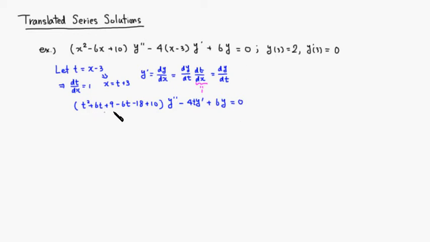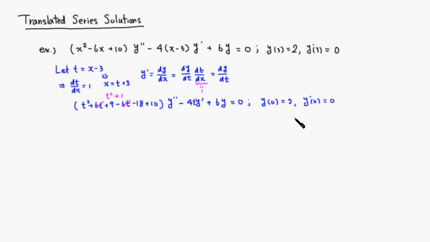Then you can see that we can simplify a bit: 6t and negative 6t cancel, and 9 plus 10 is 19 minus 18, so you're going to have t squared plus 1. And the initial values: when x equals 3, t equals 0, so I'm going to write y of 0 equals 2, and y prime of 0 is equal to 0.